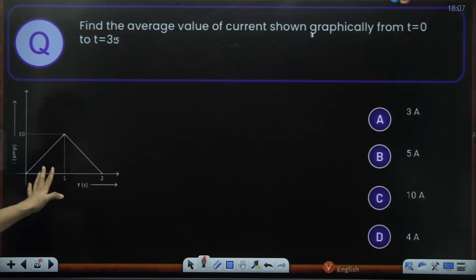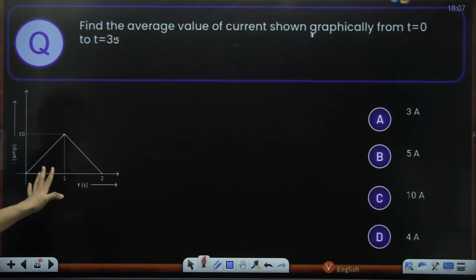So the total heat developed in the resistance is exactly the sum of this. That means 10 square R plus 10 by root 2 square R.